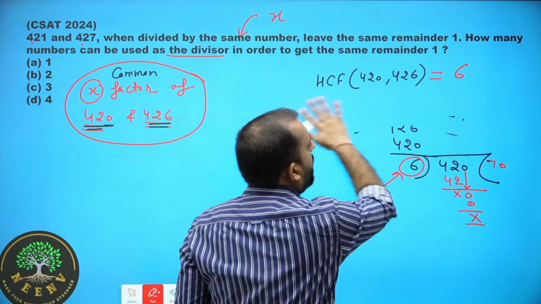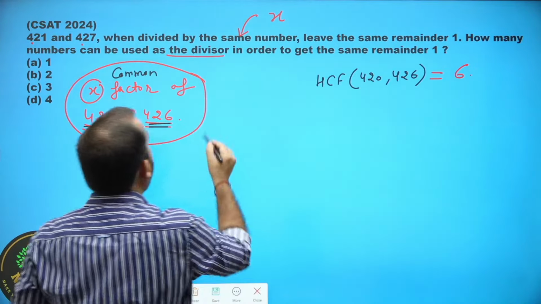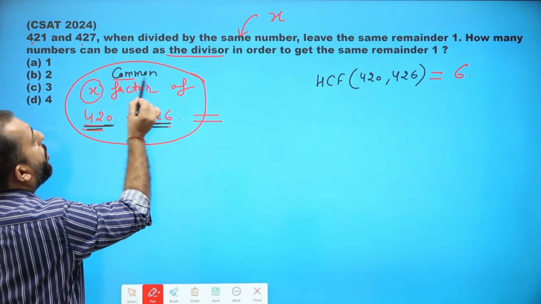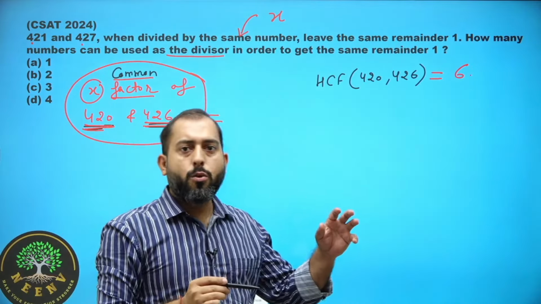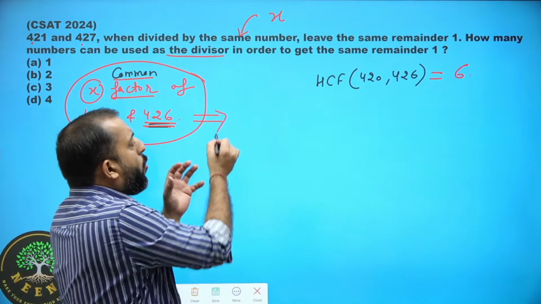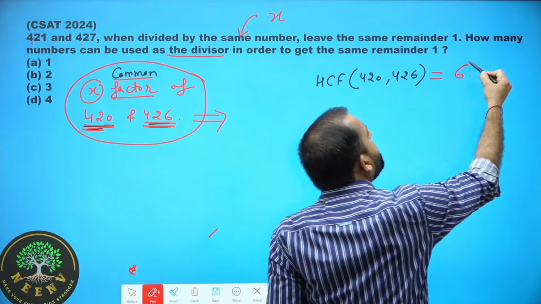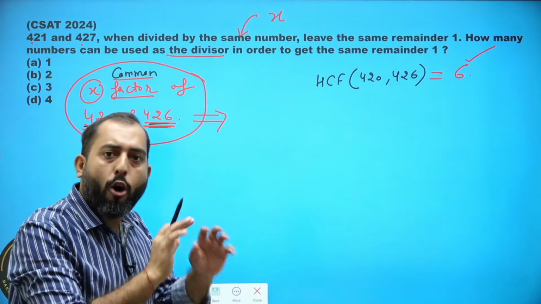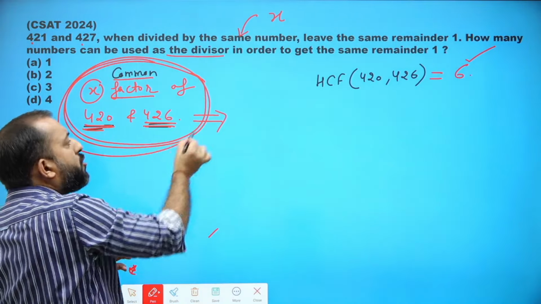Now, if you want to find out the common factors of 420 and 426, all those numbers that will divide their highest common factor will also be the remaining common factors of these two numbers.